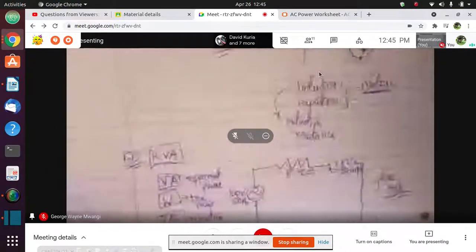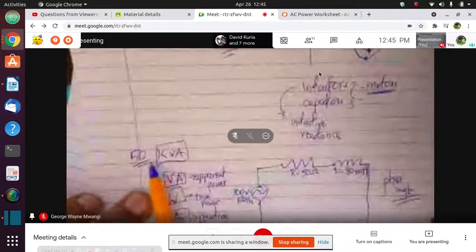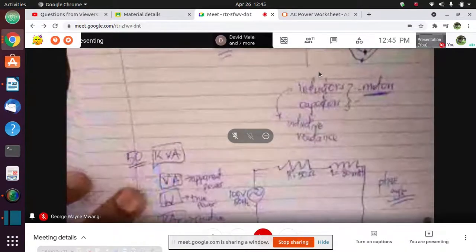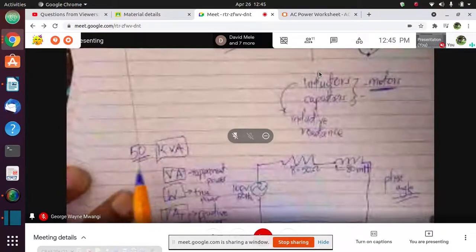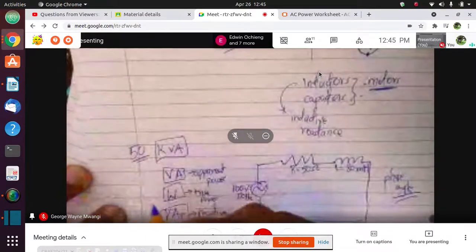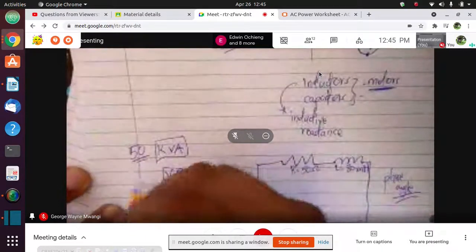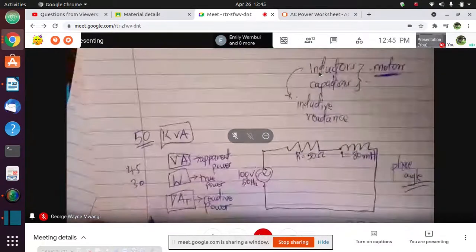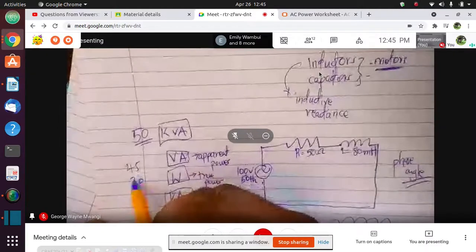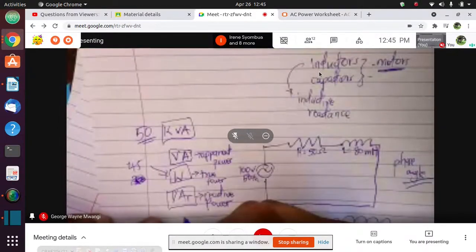Now you'll find that when KPLC supplies you, for example, 50 kilovolt amperes, out of these 50, whatever you will be using in your industry or in your machines, the true power, the power that is used by your machines, will be, let's say, 45, 30, depending on your application. Let's say 45. 45 is the true power, the one that is being used by the machines.